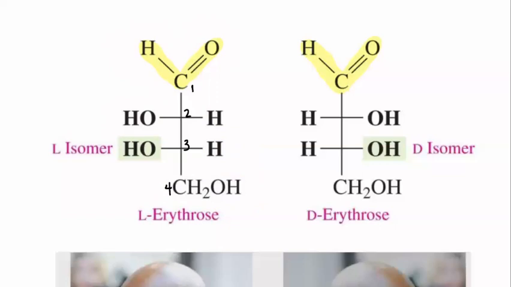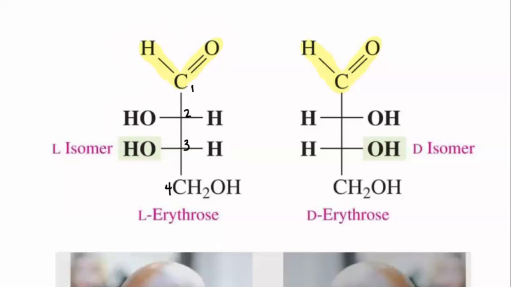Great. Now, 3 is the chiral carbon that is the farthest away from the carbonyl functionality, right? It is the one that is more away from it. And as you can see here, all you have to do, you guys, is look at where the OH is.